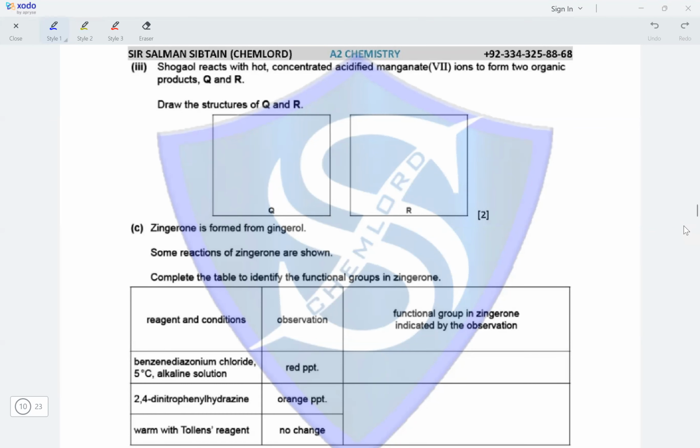So the two structures are the one with the benzene ring, the OH group present here, and the OCH3 group present here, and directly opposite to the OH there are two CH2 groups, and then a C double bond O group, to which we will have the attachment of a COOH. This is structure Q, and R would be hexanoic acid, so that would be COOH, second, third, fourth, fifth, sixth carbon atom. So this is hexanoic acid. These are the two products upon oxidation of shogol with hot concentrated acidified manganate 7.